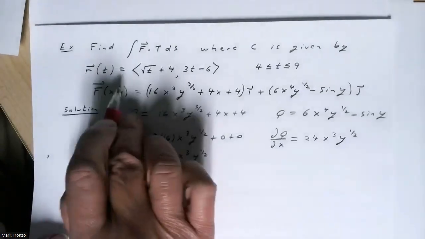And now to use the fundamental theorem, we're going to need our endpoints. And so let's see, let's go back to see what we had. We had r of t was equal to this.